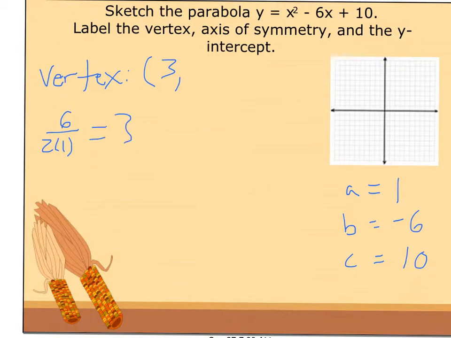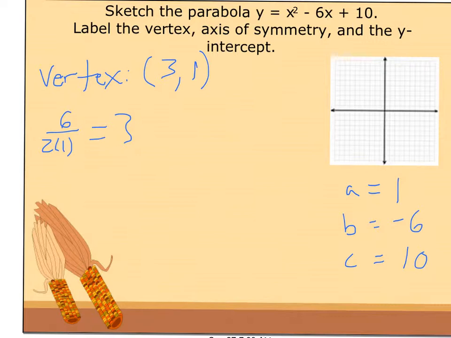Now if I take 3 and plug it in for x, 3 squared is 9 minus 18 is negative 9 plus 10. Double check that on your own if you're not convinced, but I believe the vertex is at (3, 1). So I know the vertex is at (3, 1).